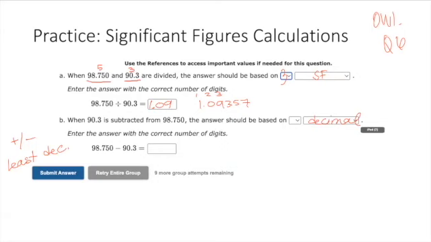Here, this has 1 decimal place, where this one has 3. Therefore our answer should be based off of 1 decimal place. When I put this into my calculator, I get 8.45, and we want to round to only 1 decimal place. But this does make that 4 go to a 5.